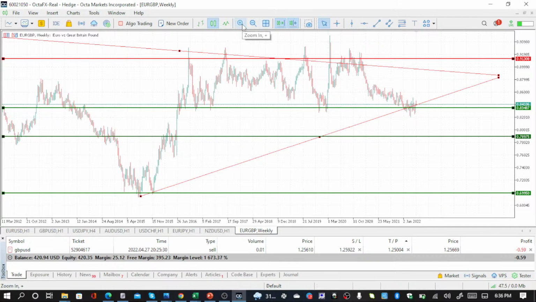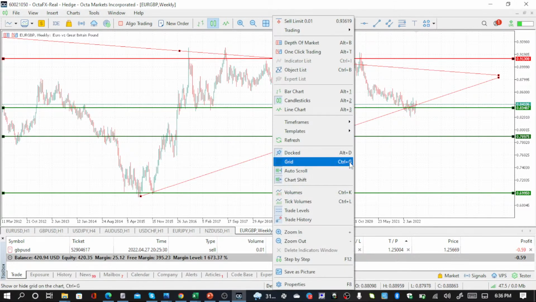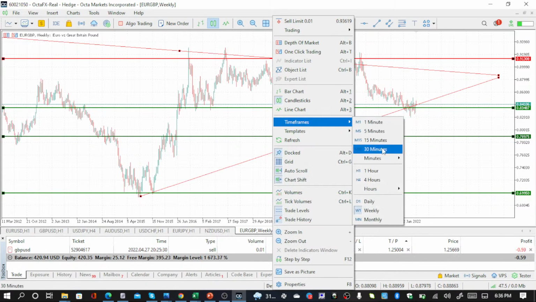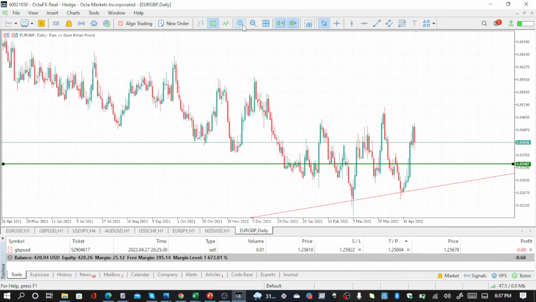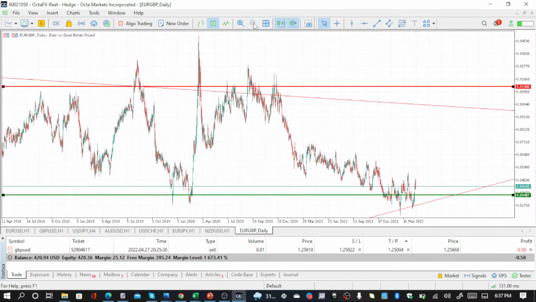Now let's look at the daily time frame to see what is happening there. You can see clearly that the market has been very choppy at this end.